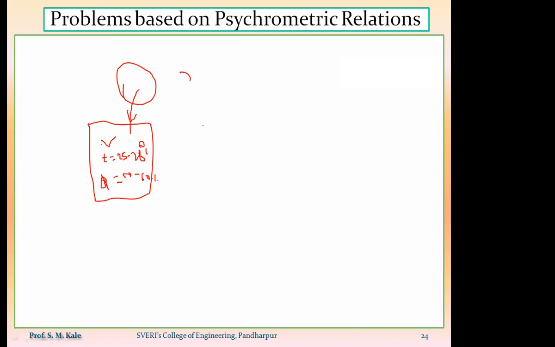For that purpose, we should know the various psychrometric terms of that moist air. That means I should know what is the dry bulb temperature of that moist air.